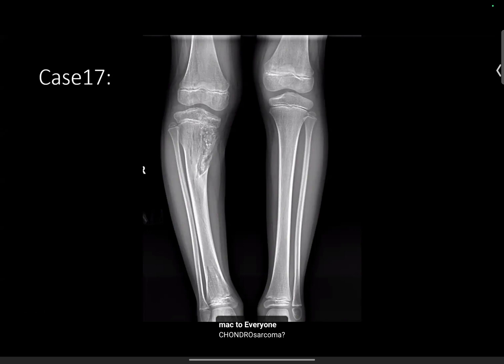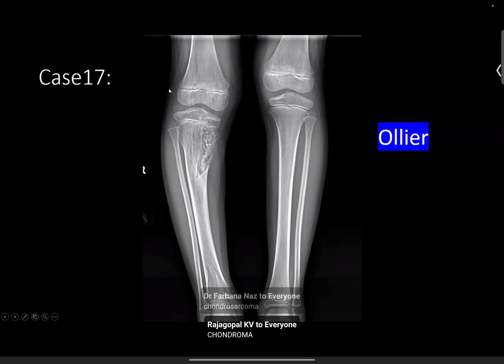Think of your polyostotic cases. So you have multiple lesions here. This was Ollier, which is enchondromatosis. Some people said chondrosarcoma. Remember, that is extremely rare in pediatrics. I want you to look at this and think multiple lesions, leg length discrepancy, chondroid matrix, Ollier.